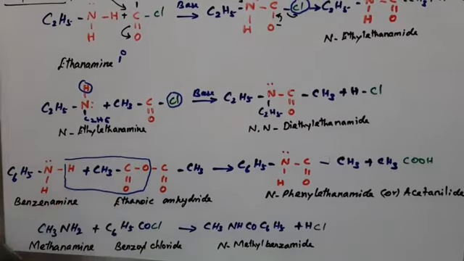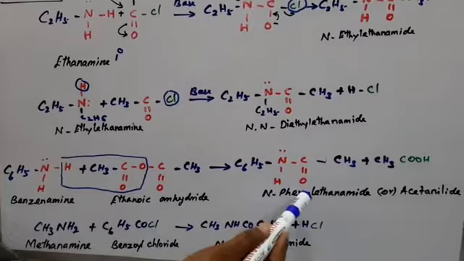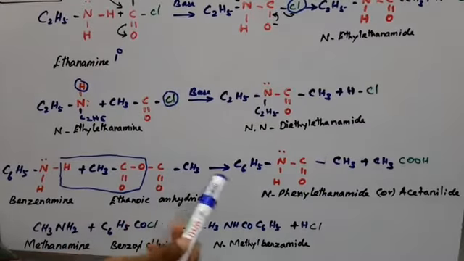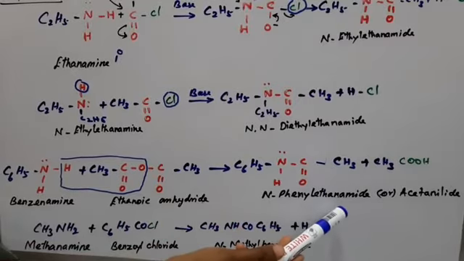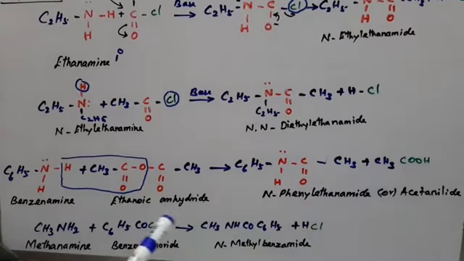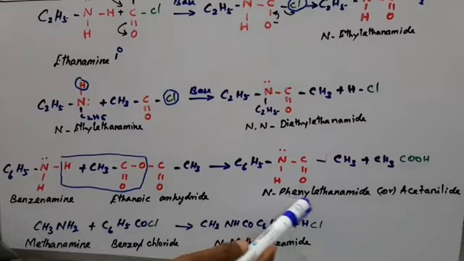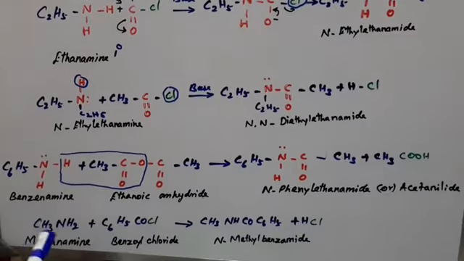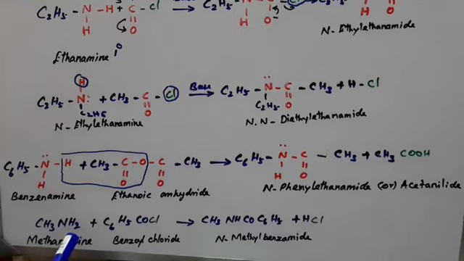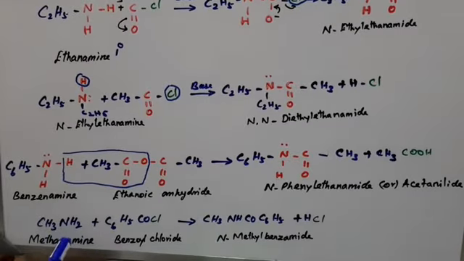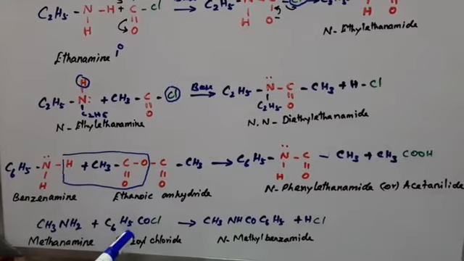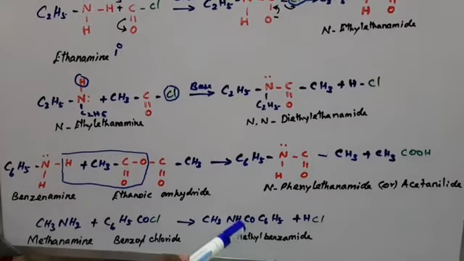This is one product, and the other is N-phenyl ethanamide, C6H5NHCOCH3, plus acetic acid. N-phenyl ethanamide is also known as acetanilide. The same way, benzoylation reaction takes place. Methanamine, a primary amine, reacts with benzoyl chloride, and we get N-methyl benzamide.